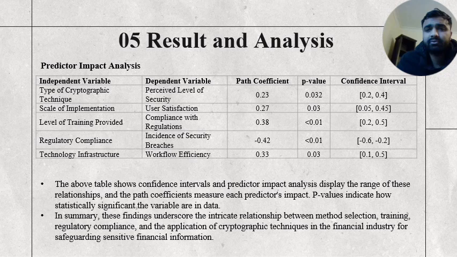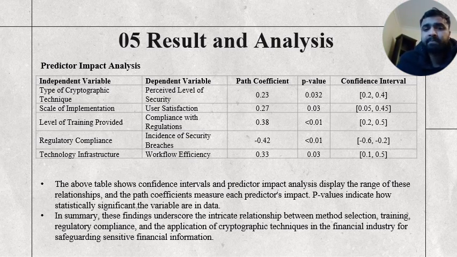So if we take the first one, the type of cryptographic technique and perceived level of security, you see the path coefficient and the p-value are both under 0.05, so that indicates a strong relationship between them. That means if we use cryptographic techniques on sensitive financial data to protect it, we will get a very high perceived level of security, and the same holds for the other independent and dependent variables.